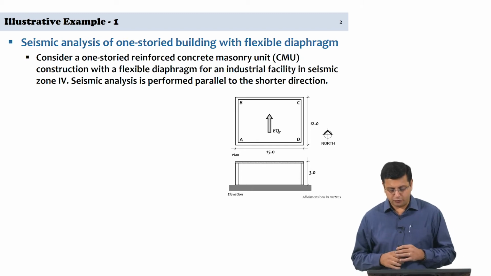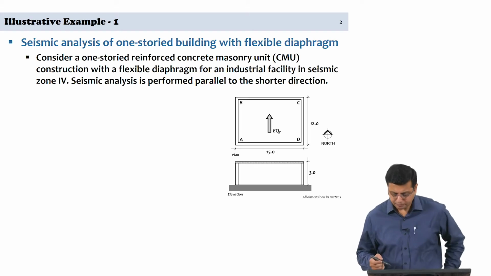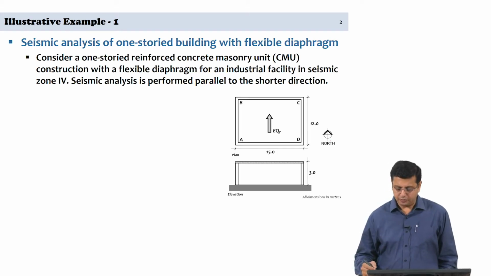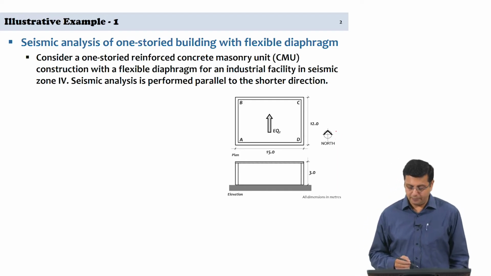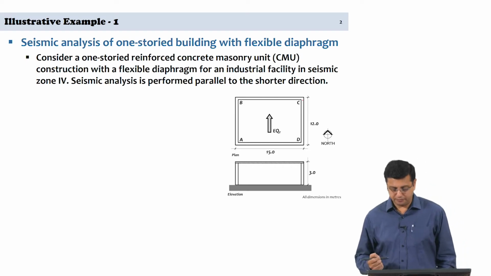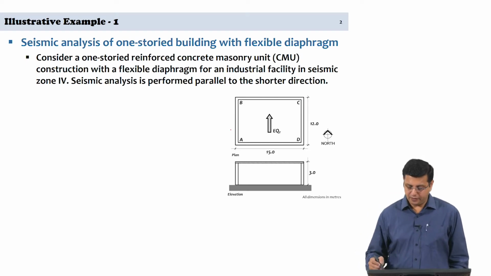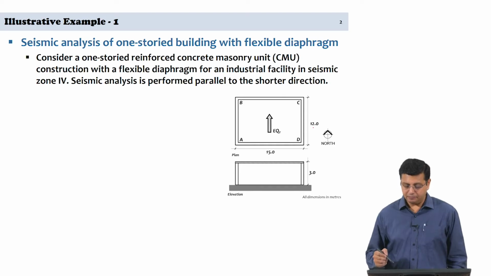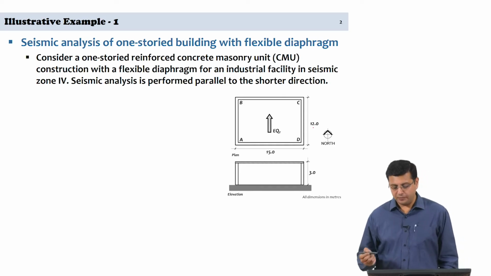So, just to familiarize ourselves with this particular example, you see the north direction marked along with the plan, and therefore, walls AD and BC are the northern and southern walls, and wall AB and wall CD are the eastern and western walls.